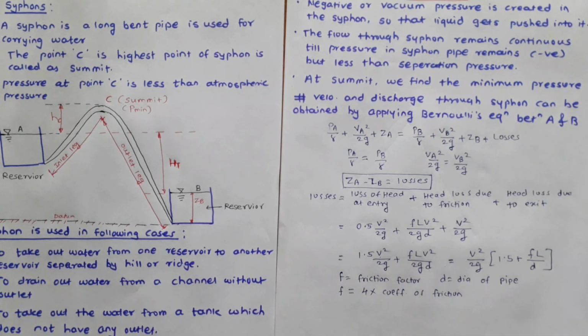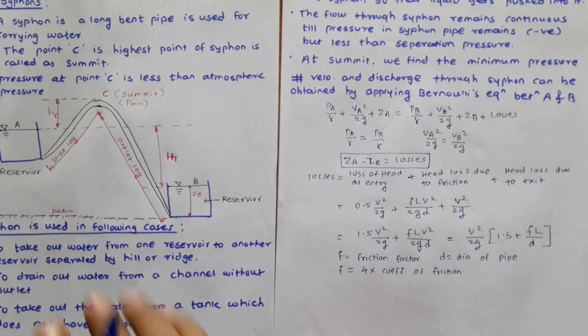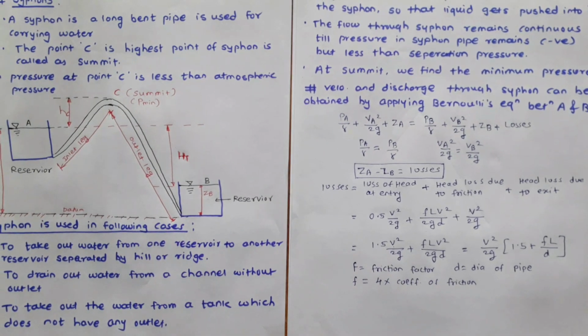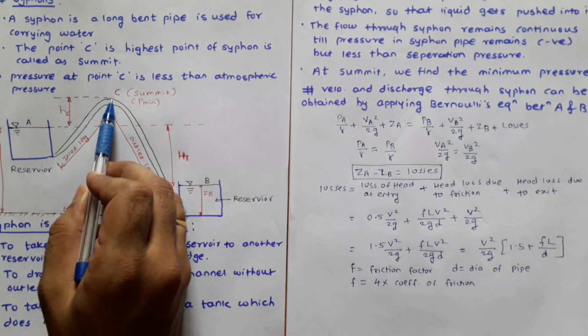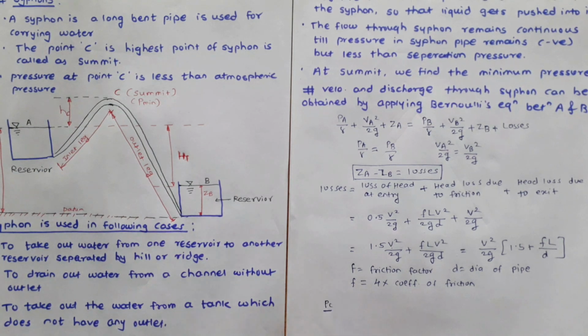Now applying the Bernoulli equation at points A and C, because we want the P_C value. P_C means the pressure at the summit point.